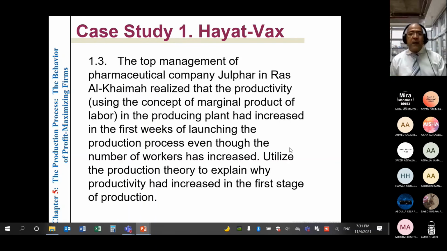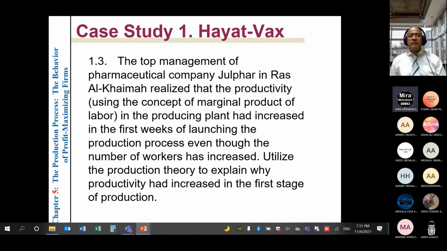So, Mira Muhammad, question number 3. The top management of pharmaceutical company Julphar in Ras Al Khaimah realized that productivity, using the concept of marginal product of labor, had increased in the producing plant in the first weeks of launching the production process, even though the number of workers has increased.